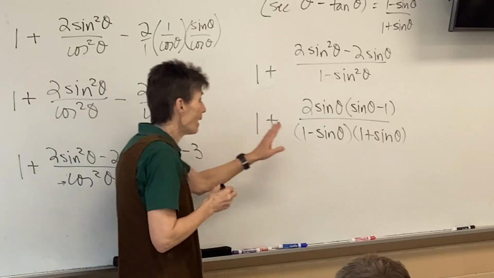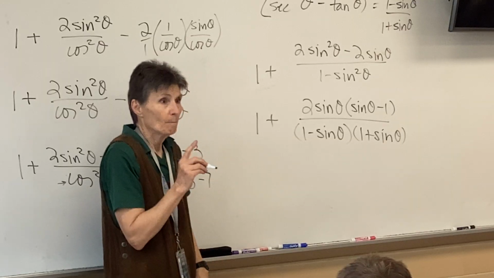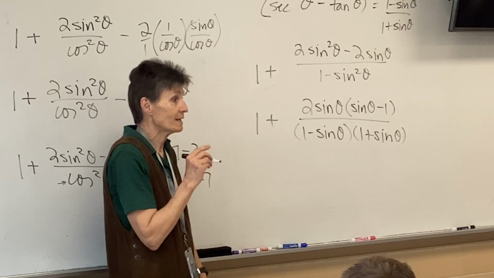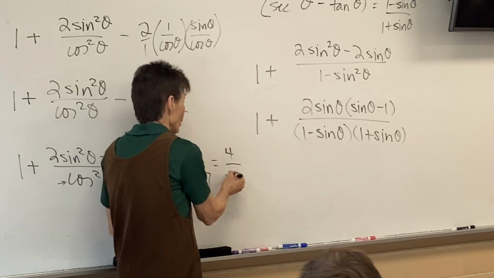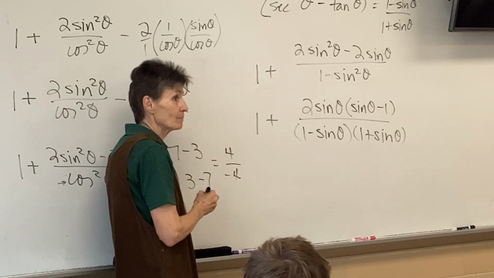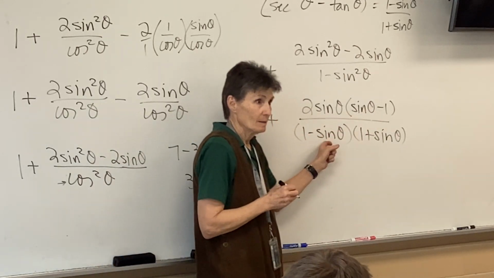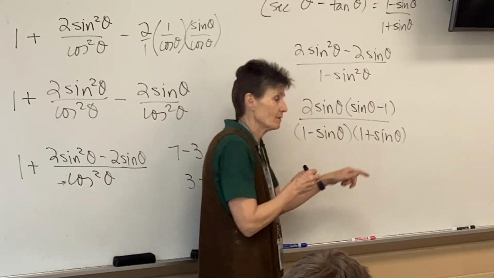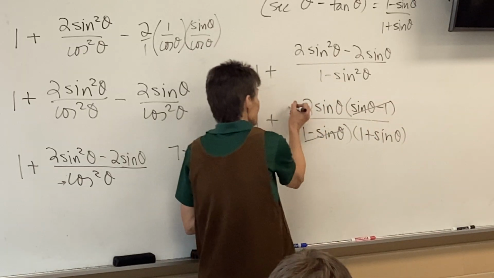Can I still cancel them? Yes, but they don't make a 1, they make a negative 1, because it's like having 4 over negative 4. These are the same number, but one's positive and one's negative. So I'm going to cancel those and leave a negative 1.